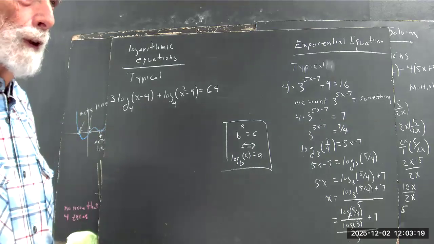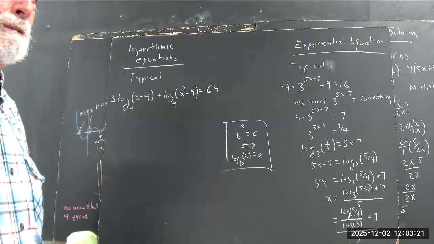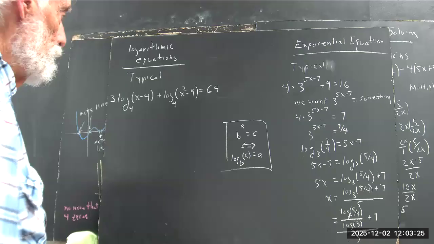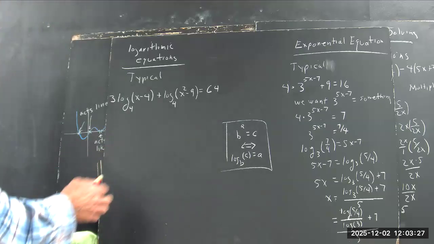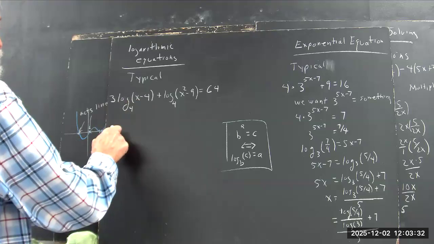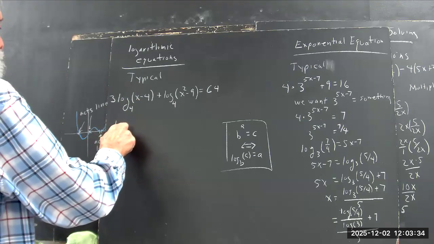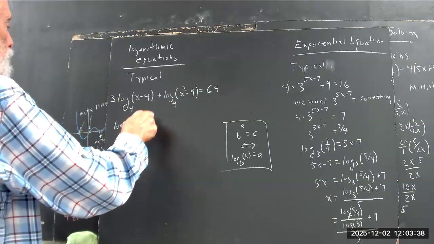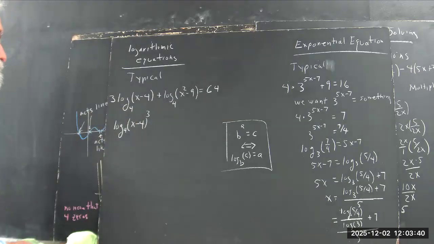Now, you might be rusty in the rules for logarithms. It's been a few weeks since we actually had an assignment involving those rules. But to refresh your memory, if we do 3 times the log of something, that's the same as the log of that thing cubed.